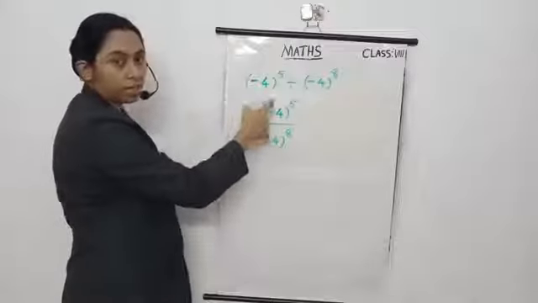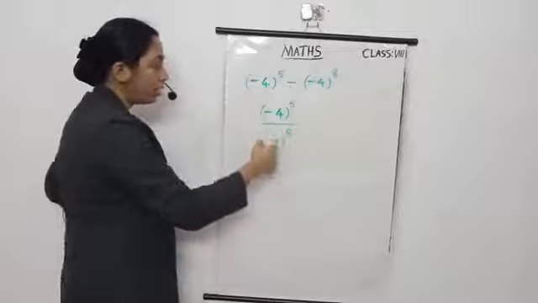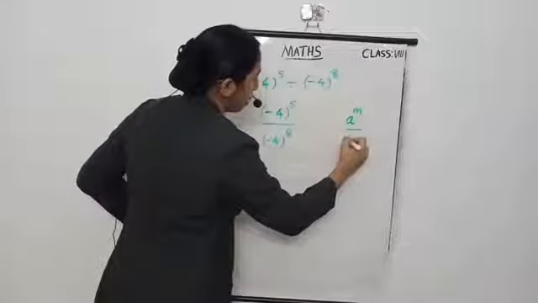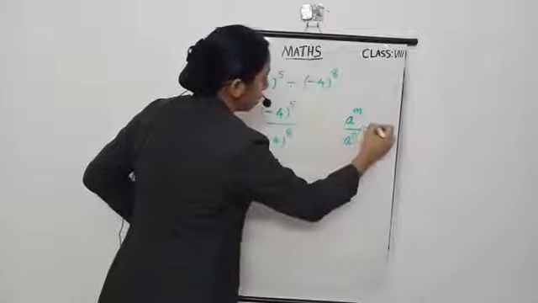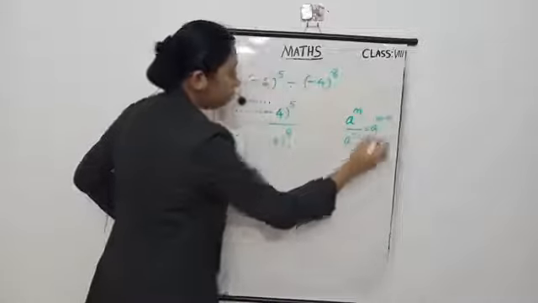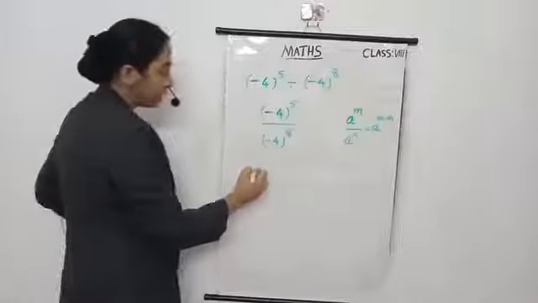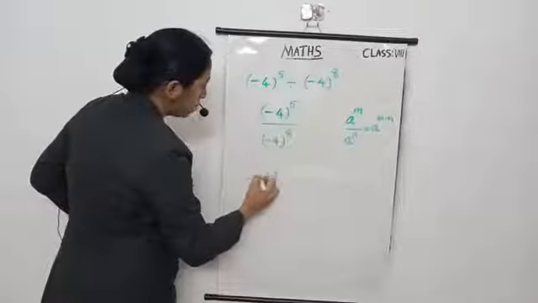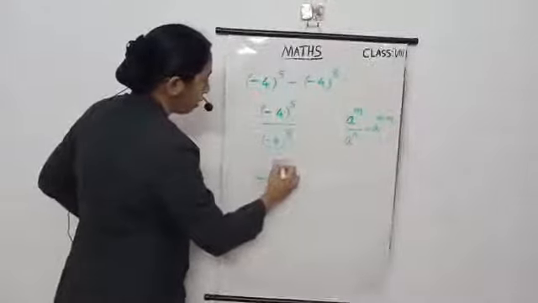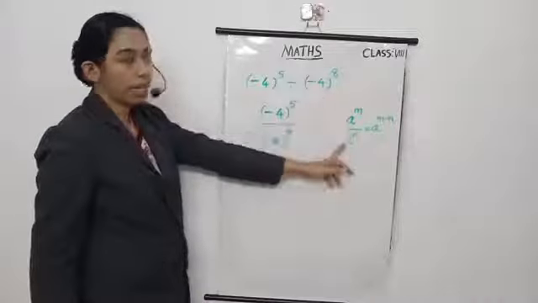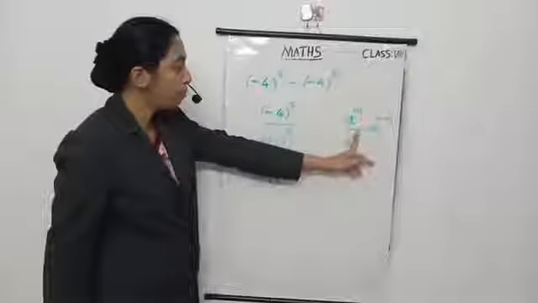Now in this form, one exponent formula: a raised to m by a raised to n equals a raised to m minus n. Use that here. This is minus 4 all raised to 5 minus 8. Understood? a raised to m by a raised to n equals a raised to m minus n.